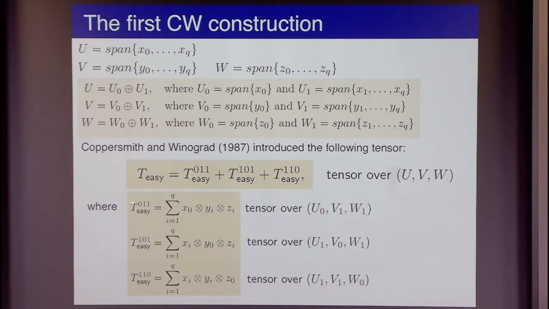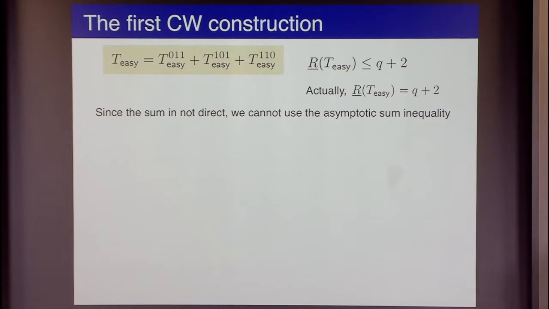So that's why we use the superscript 0, 1, 1. And the same here and the same here, with the same interpretation, this time with 1, 0, 1 and 1, 1, 0. And this is not a direct sum because the variables lie in the same space here and here, for example. So it's not a direct sum, so we cannot use the asymptotic sum inequality.